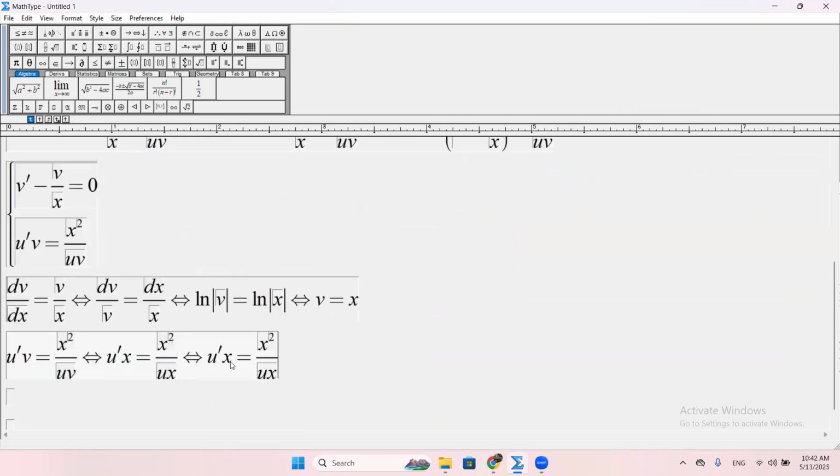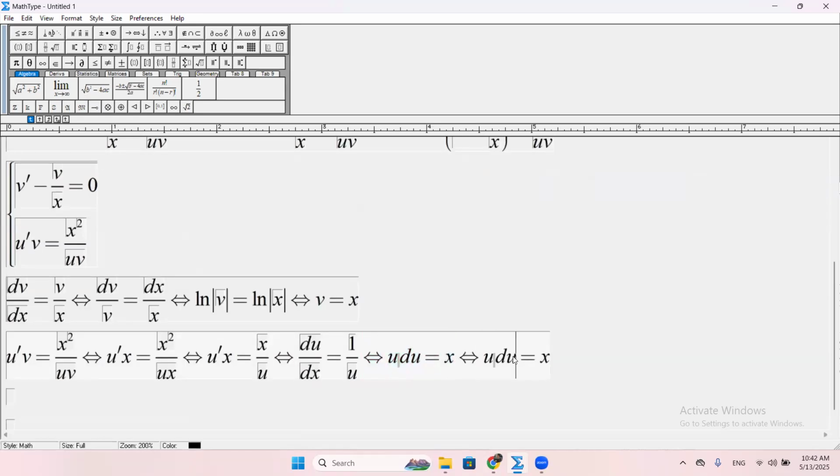First of all, canceling x here, and then I will receive that du by dx equals 1 over u. So u du equals x dx. I forgot dx here.